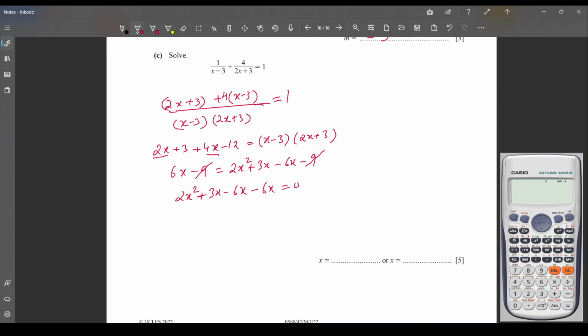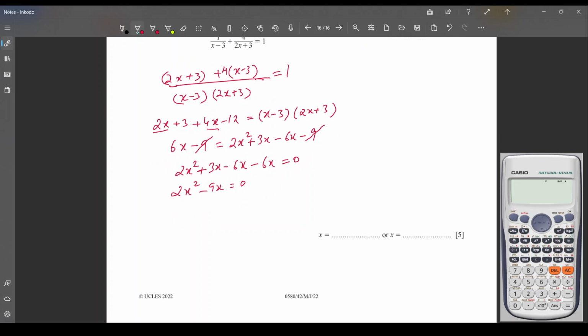So equals to 0, so 2x square, 3x minus 6x is minus 3x, and minus 6x is minus 9x equals to 0. So if we take x common, it will be x times 2x minus 9 equals to 0.